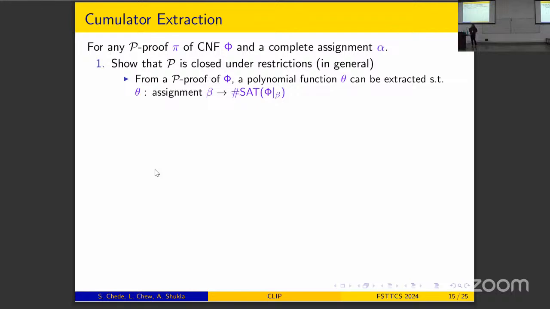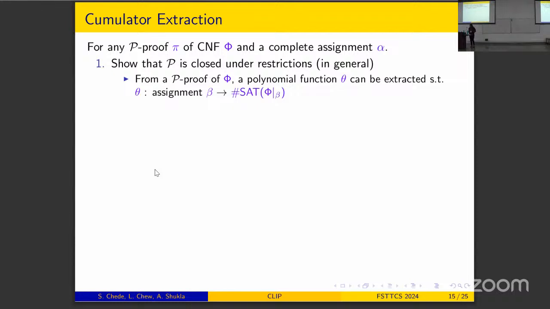Then you have to get the final count equivalent to phi restricted to alpha. So if you restrict the proof with alpha, you should get the count equivalent to phi restricted by alpha. This is also known as conditional knowledge compilation, if you're from that area.